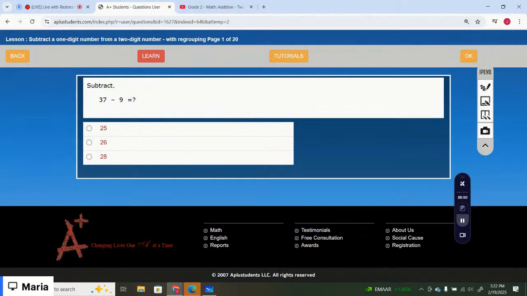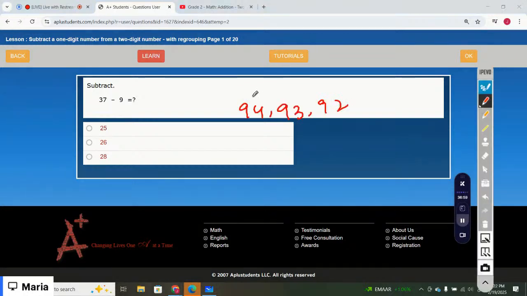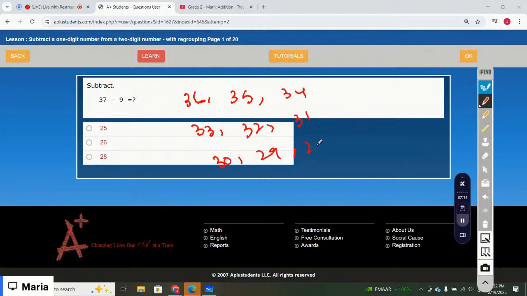Thirty-seven take away 9. Start with 37 and count back 9. 37, 36, 35, 34, 33, 32, 31, 30, 29 and 28.